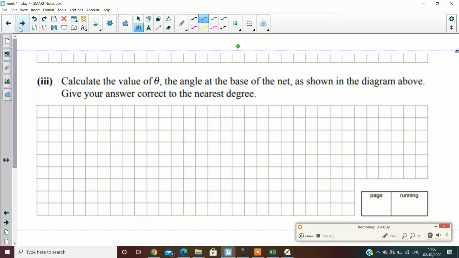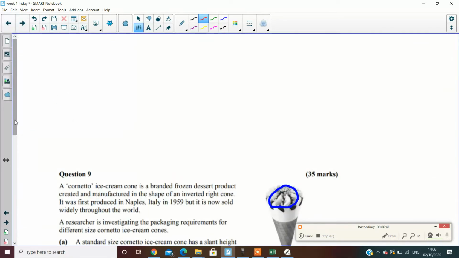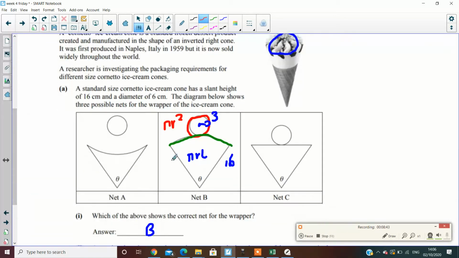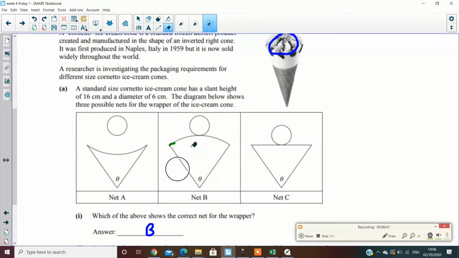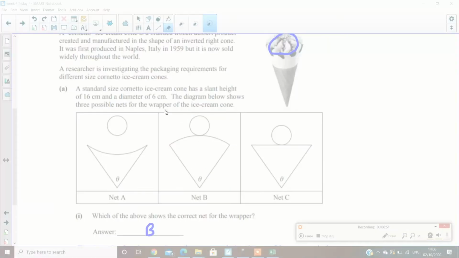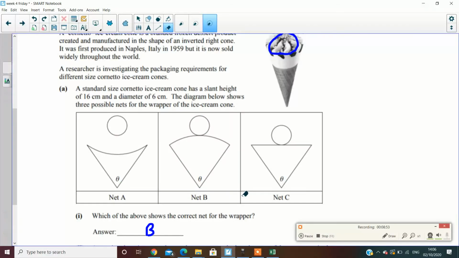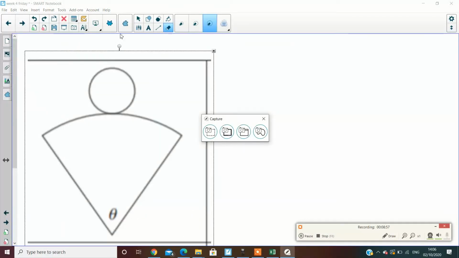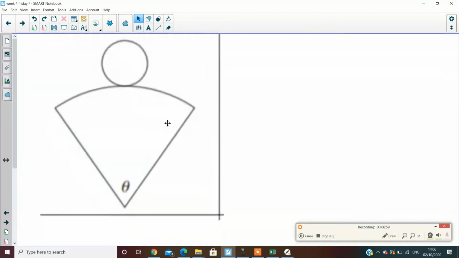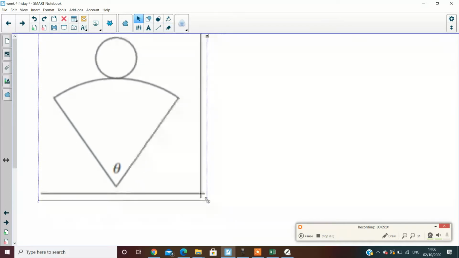Oh, calculate θ. Now, I'm going to go back to the diagram to help me with this. Actually, what I'll do is grab this diagram here, and I'm going to use it to help me answer the question. New page. So, calculate θ is the question, isn't it? What have we learned earlier?